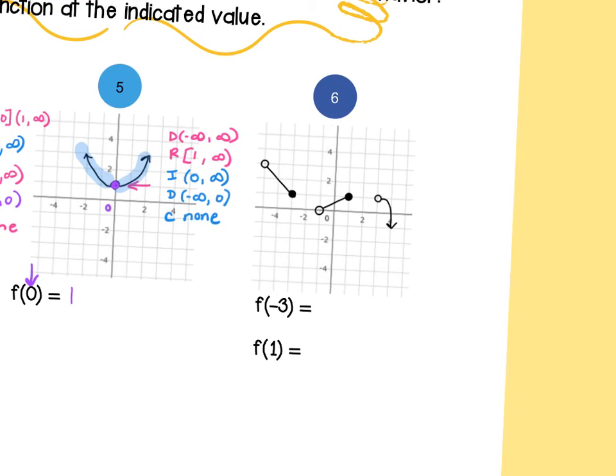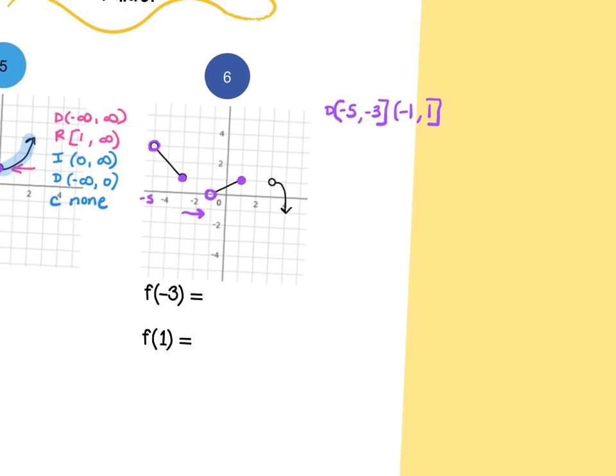Number 6, domain goes from furthest x, which is here at negative 5, parentheses because it's an open dot, stops here, negative 3, solid dot, so bracket. There's a break from here to here, then it starts again here at negative 1, stops here, positive 1 with a bracket.